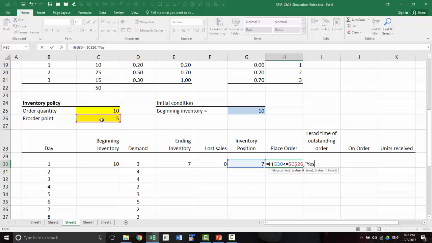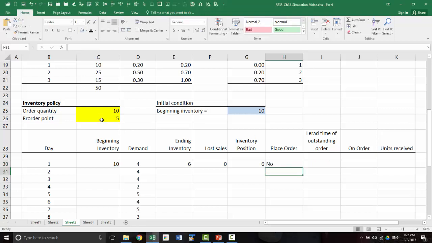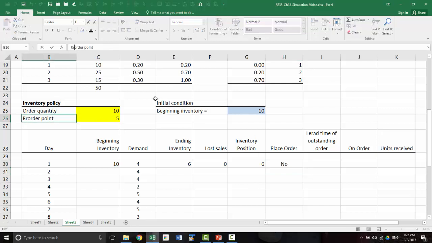So this can be done in different ways. You can say 1 or 0. 1 means order, 0 means don't order, or we can even enter the order quantity. So I'm going to do it in this fashion. So yes or no. All right. Let me correct the typo here.